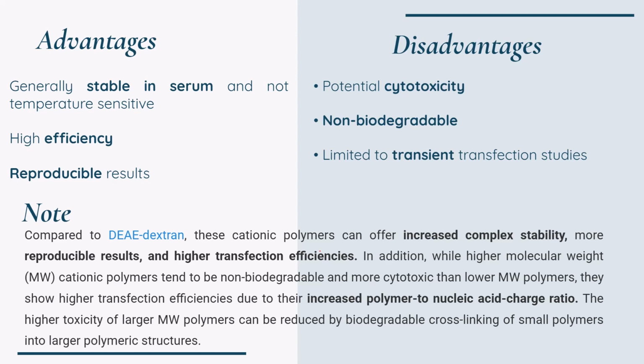In addition, while higher molecular weight cationic polymers tend to be non-biodegradable and more cytotoxic than low molecular weight polymers, they show higher transfection efficiency due to the increased polymer to nucleic acid charge ratio. When this polymer to nucleic acid charge ratio is higher, the transfection efficiency also increases. The higher toxicity of larger molecular weight polymers can be reduced by biodegradable cross-linking.